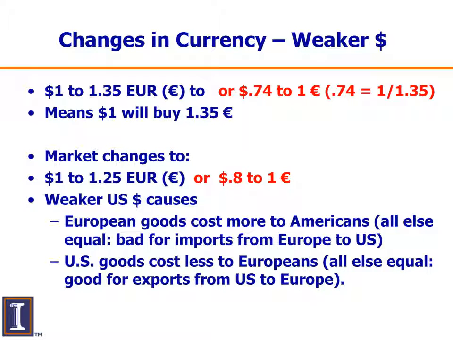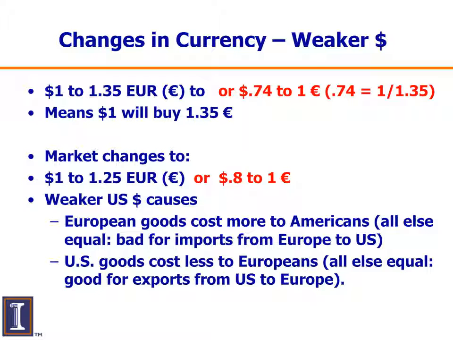I'm now going to give an example of weakening and strengthening of currencies. Here's an example of weakening currencies, and the next one will be strengthening currencies. I'm going to go over this again. I know I flubbed this for the Chinese situation, so we're going to go over this again, and we'll do this first for the euro and then for the Chinese yuan.